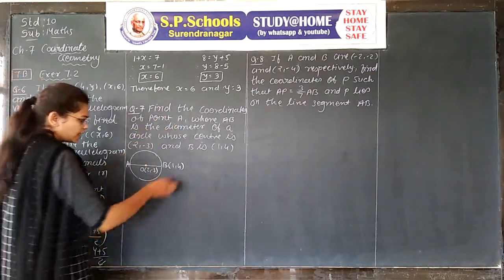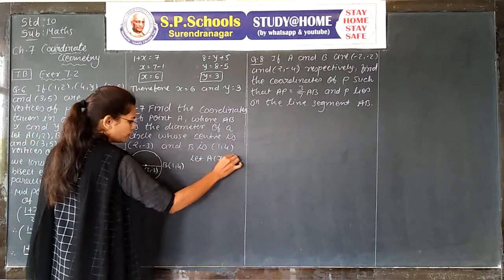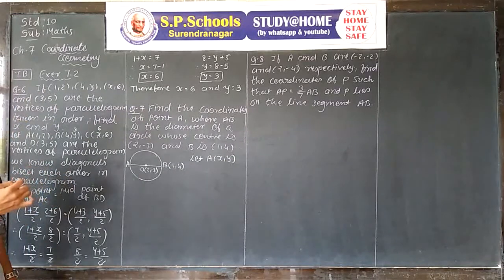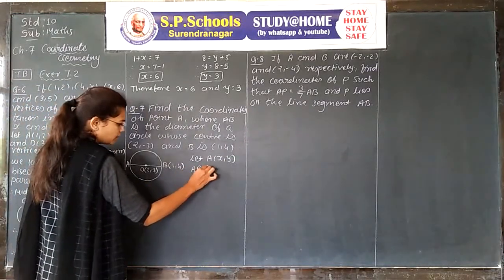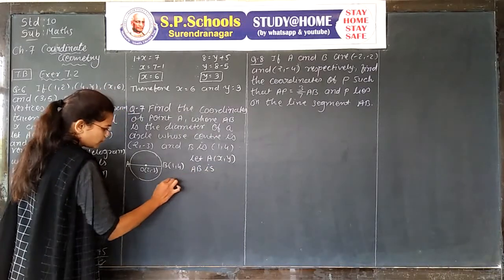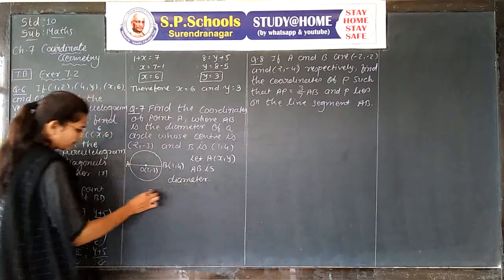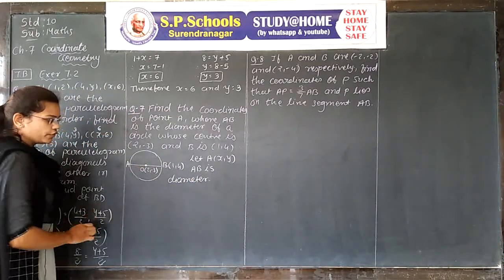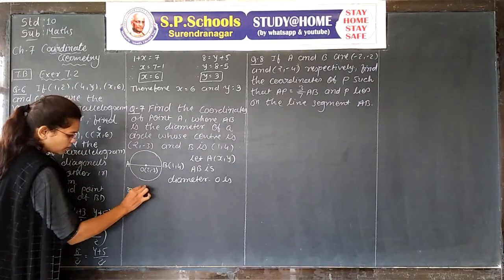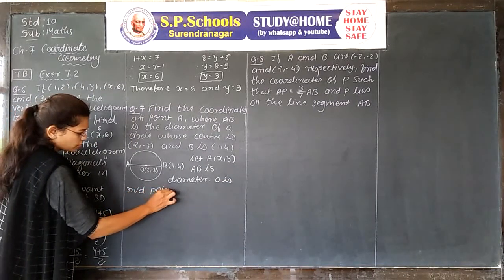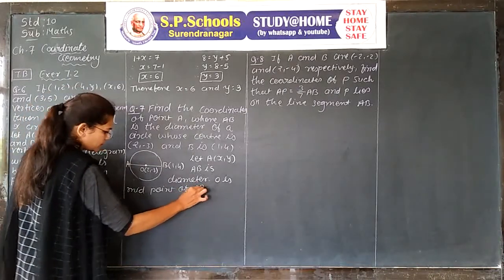Let us take A as (x, y). Here (2, minus 3) is the center, AB is a diameter. O is the midpoint of AB.